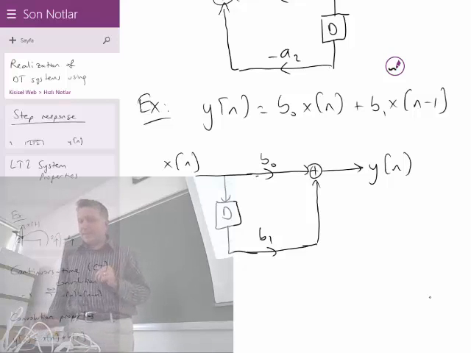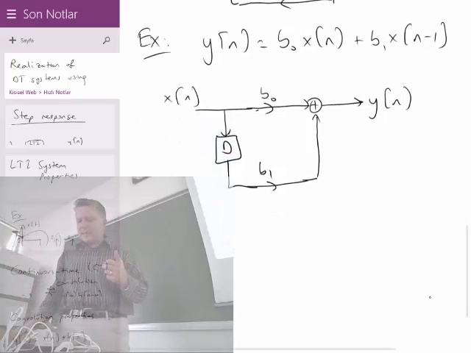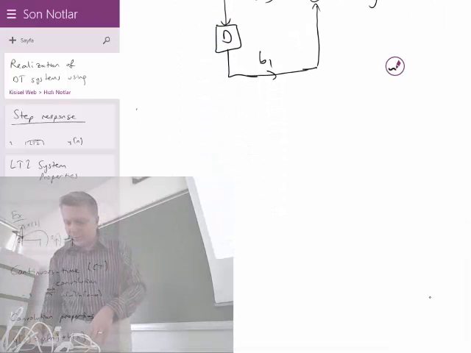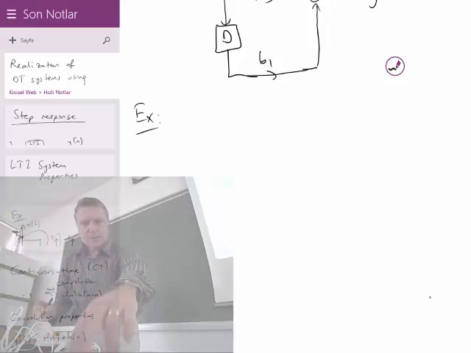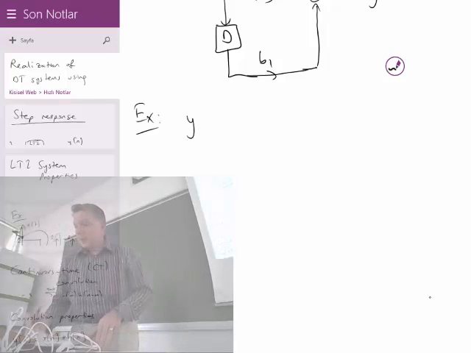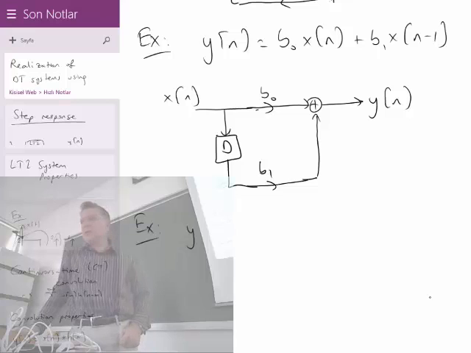Okay. Now let's try to mix these two. What would happen if the input is first order and the output is also first order? Like this. We will see a few examples. So the new example is this one. Okay, let me give you a minute.